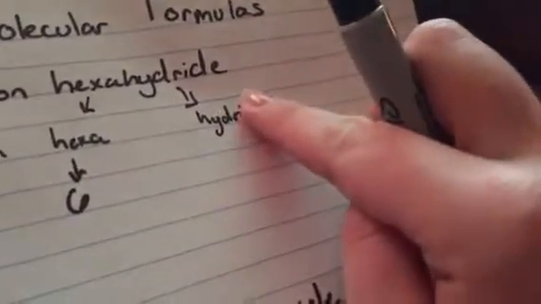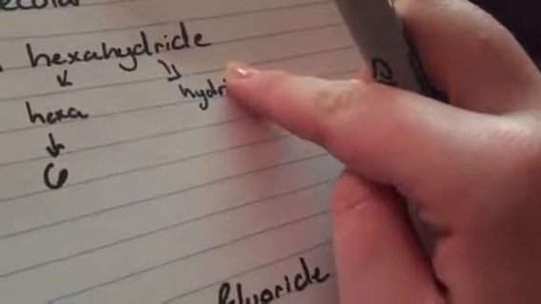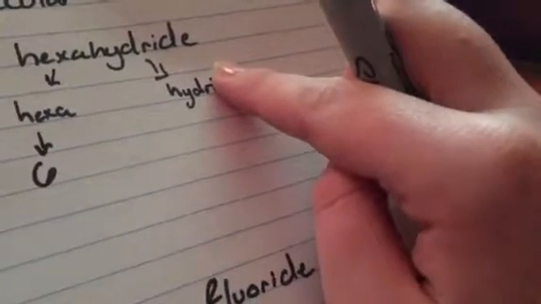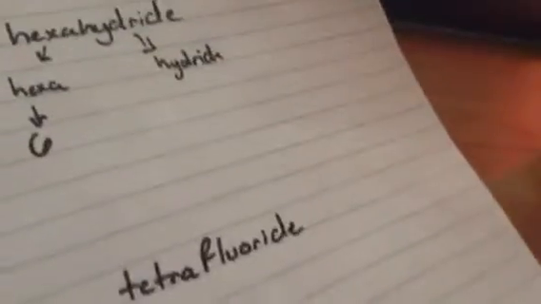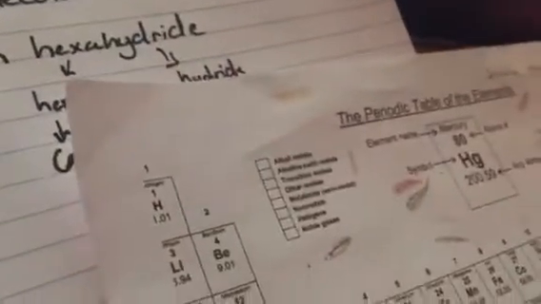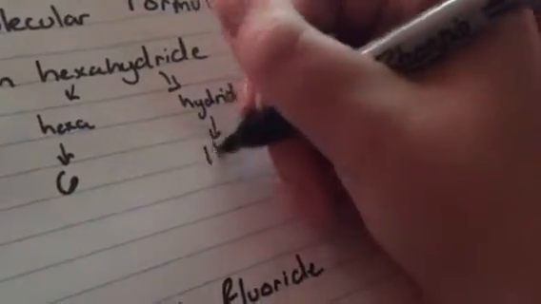So we remove the "ide", and we're left with hydr, and so we know that this is the name of only one element, hydrogen. So we check the periodic table and see that hydrogen has a chemical symbol of H. So we write down the H, and following the rules for the nomenclature, we write down H6.